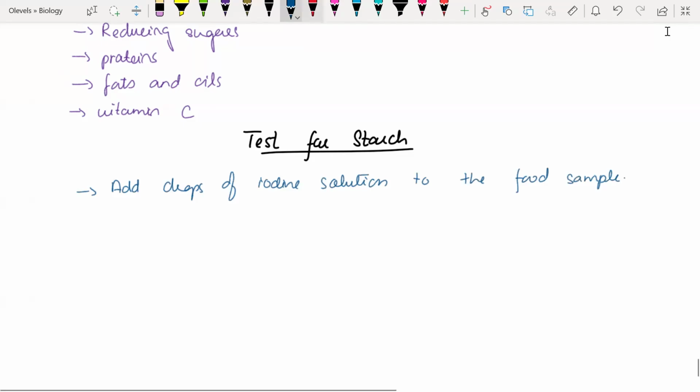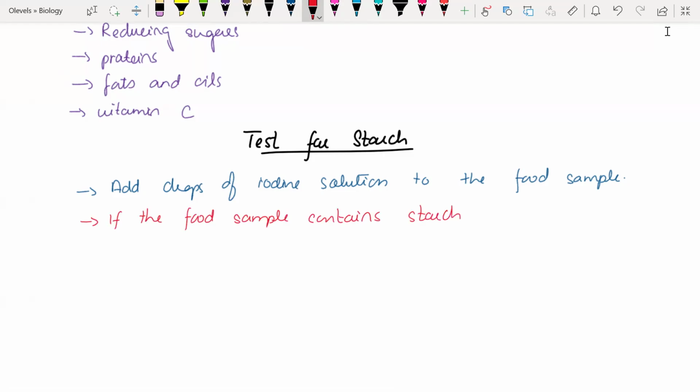Now, if the food sample contains starch, the color will change from orange brown to blue black.